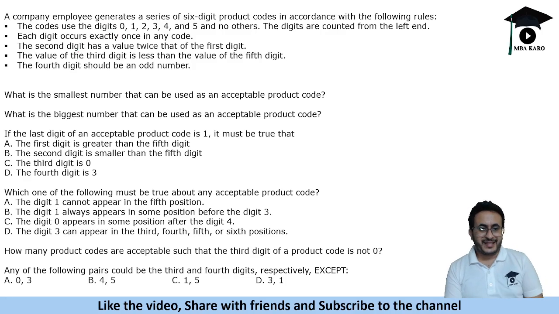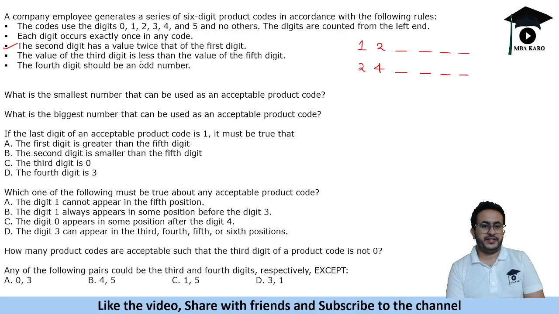The second digit has a value twice that of the first digit. So we will have to think of possibilities. First digit can be 1, second digit can be 2, then we can have 4 more digits, and first digit can be 2, second digit can be 4 and we can have 4 more digits. So simple ones. We have 4 more digits to arrange.